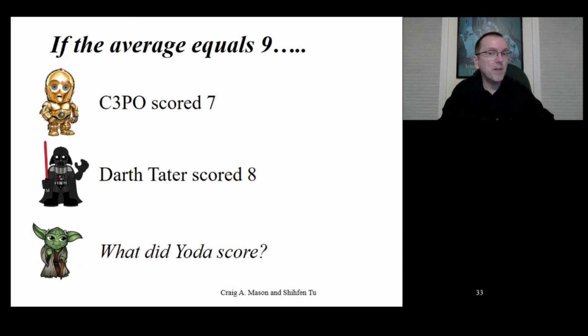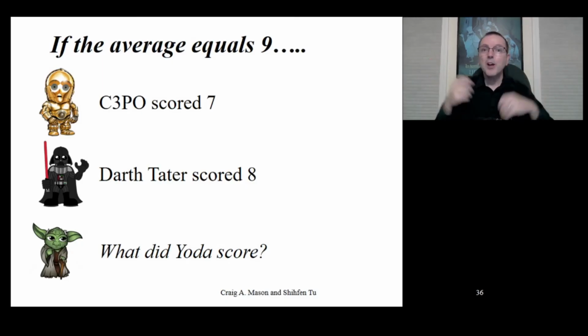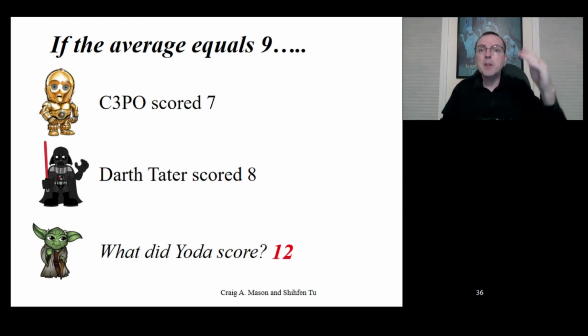Now, think about this for a minute. I think you know just as well as I do. Of course. Notice we already know the answer because we know the sample average. Yoda must have scored a 12, right? The sum of their scores must be 3 times 9, right? Our sample size times the mean of 9. 3 times 9 is 27, right?